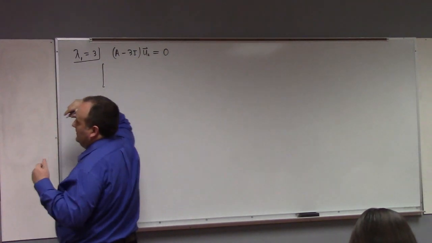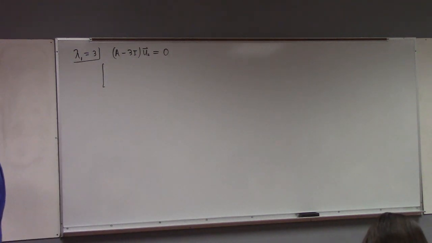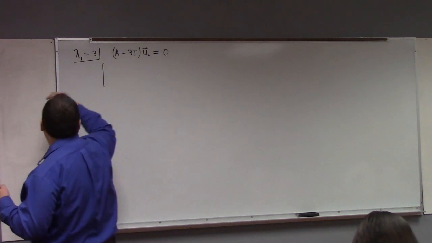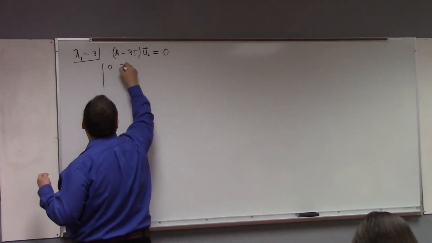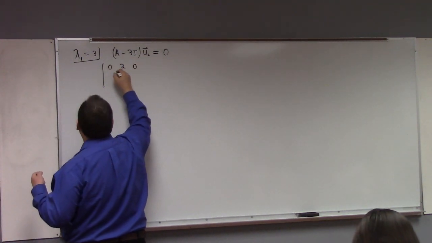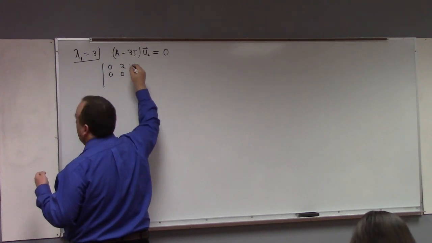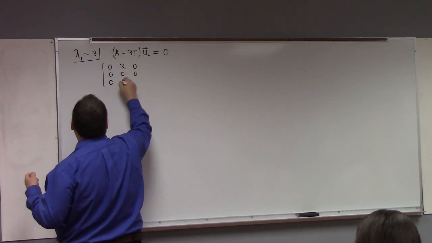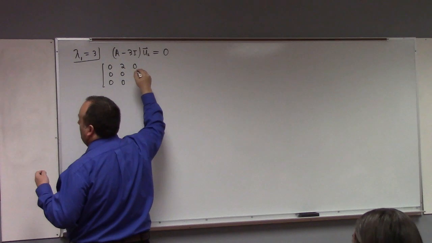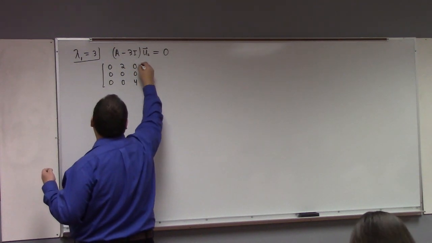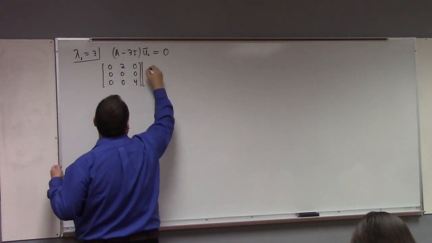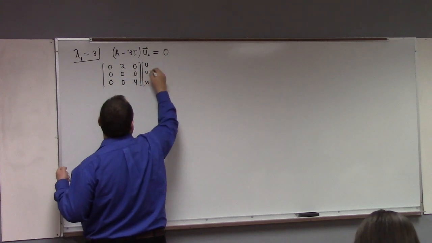If you did the characteristic equation right, you can always go back to there and just plug in lambda equals 3 to see what happens. So you get 0, 0, 0; 2, 0, 0; 0, 0, 4. Wow, these are even easier to solve, right? Check this out.